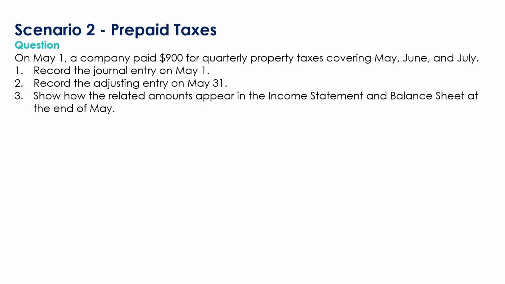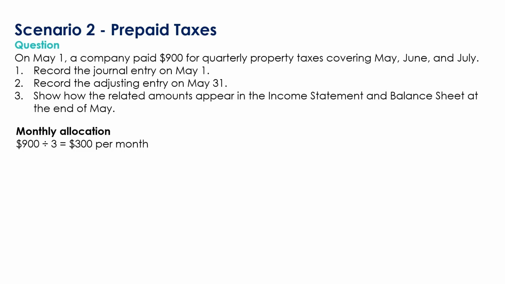Before we record this payment, let's consider how the cost will be allocated. Since the payment covers 3 months, we divide the total amount by 3 to determine the monthly expense. This means that each month $300 of the payments will be recognized as an expense, while the remainder will be recorded as a prepaid asset.